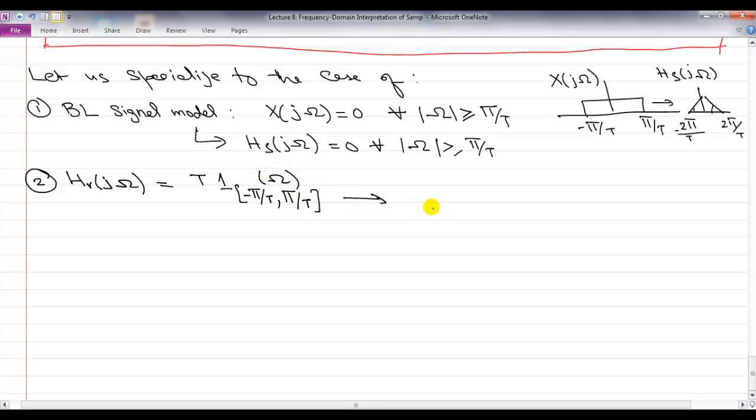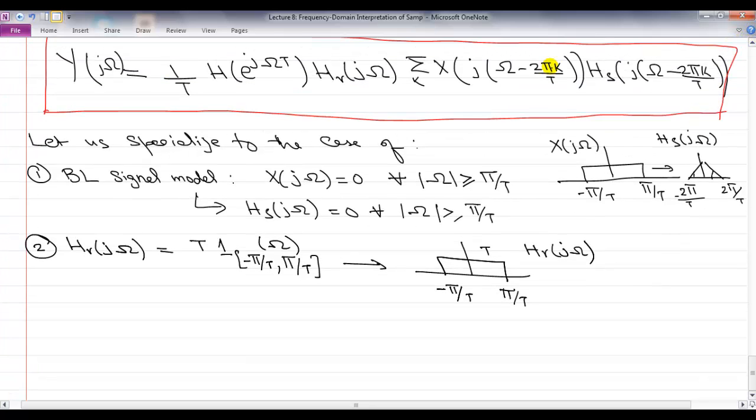It just looks like an ideal low-pass filter with a cutoff of pi by T, and its height is T. So let's do this analysis that we did above under this model.